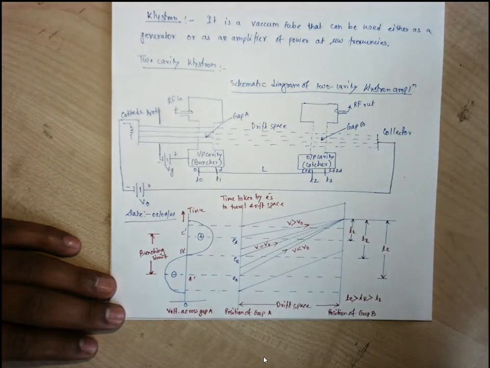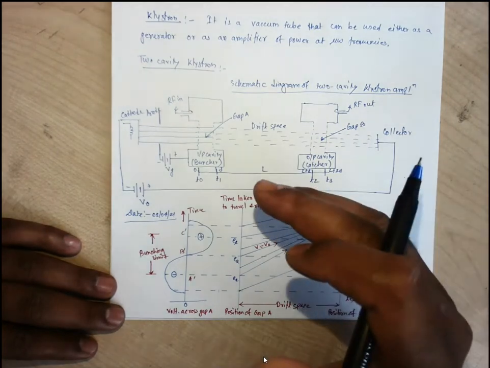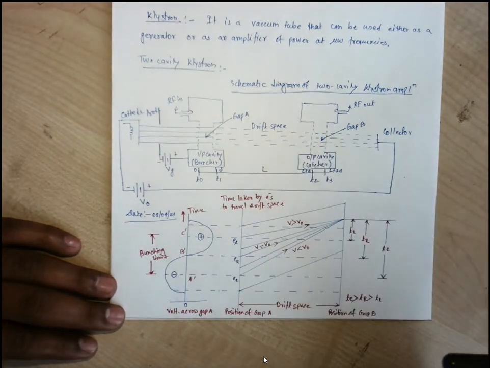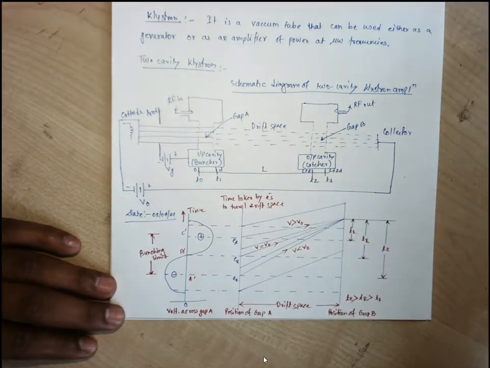So three kinds of electrons are there: early electron, reference electron, late electron. The early electron has the lowest velocity, the reference electron has the nominal velocity, and the late electron has the highest velocity. While they travel some distance, some length, they will meet at a certain point and form a bunch.